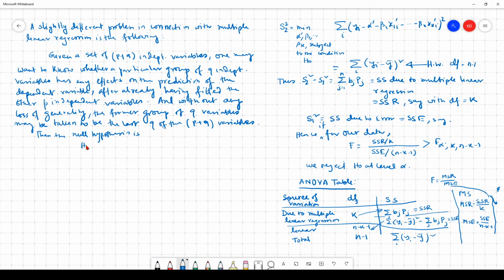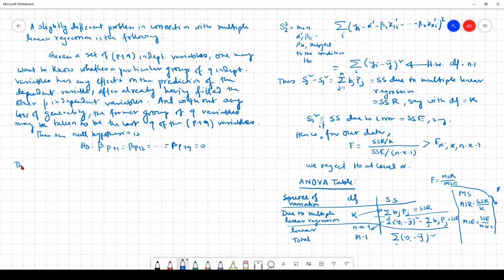H naught: beta p plus 1, beta p plus 2, ..., beta p plus q equal to 0.